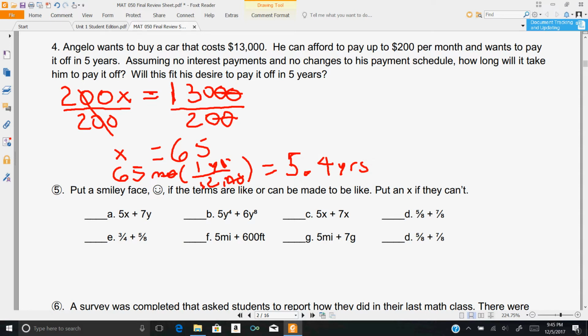Some people came at this from a different direction. They said he's going to pay it off in 5 years. X is the amount of money that he has to pay every month.